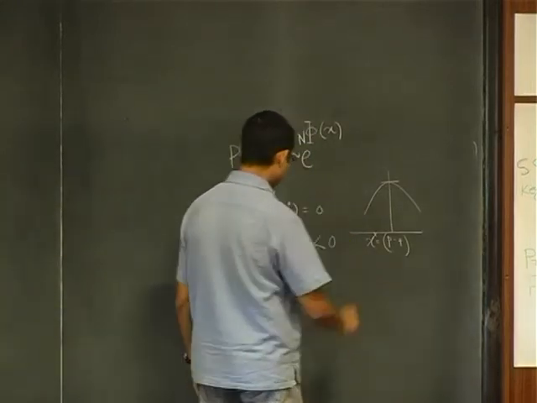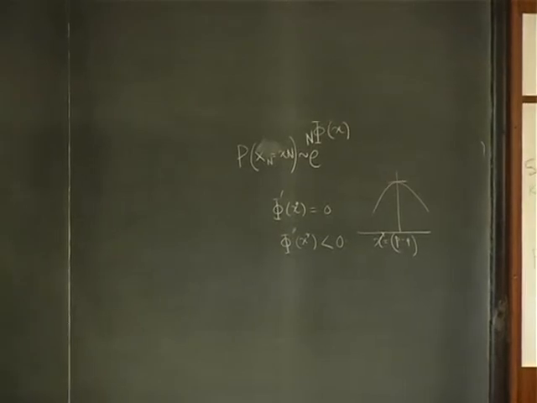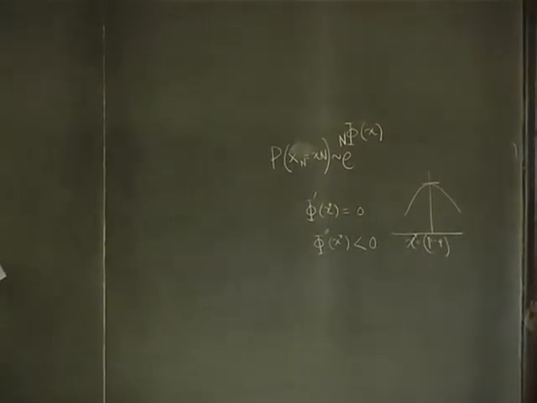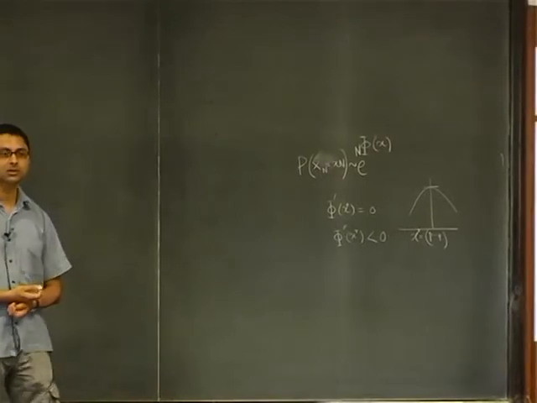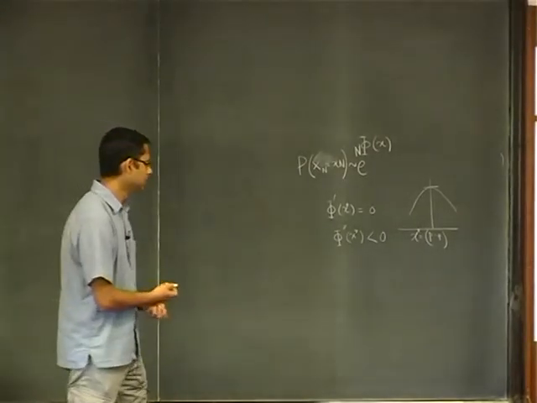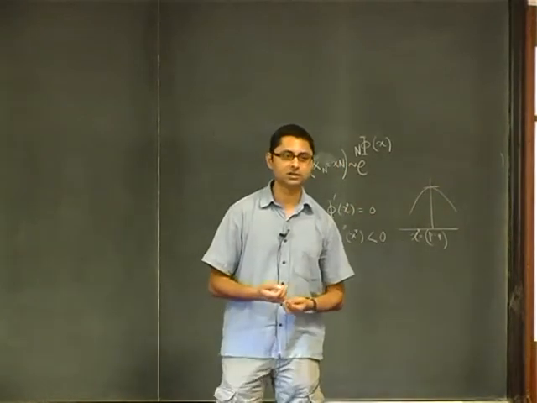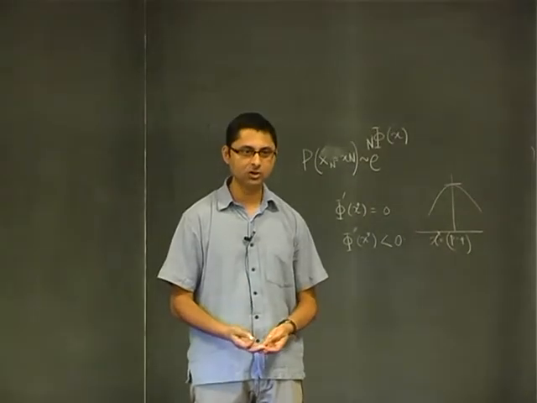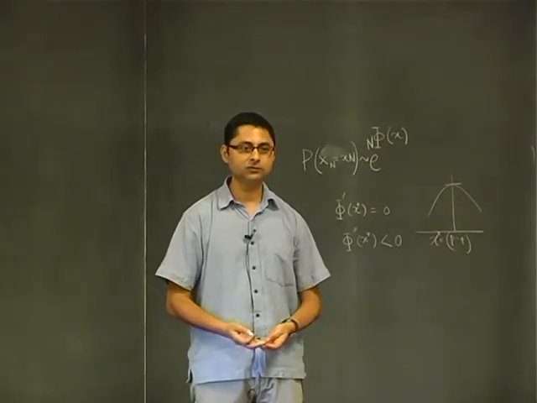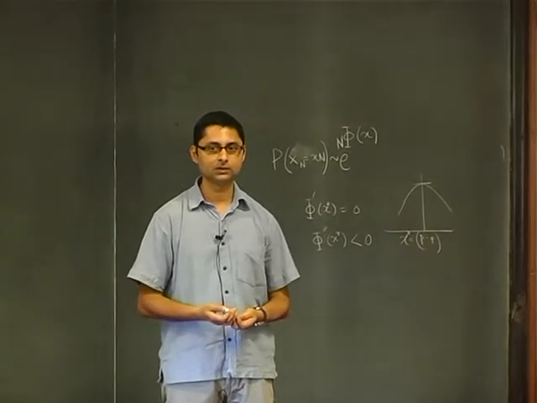So then how does this function behave near x star, if the first derivative is 0 and the second derivative has some value? How should it behave?